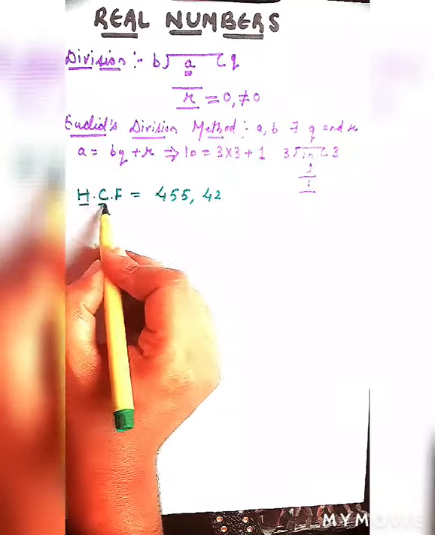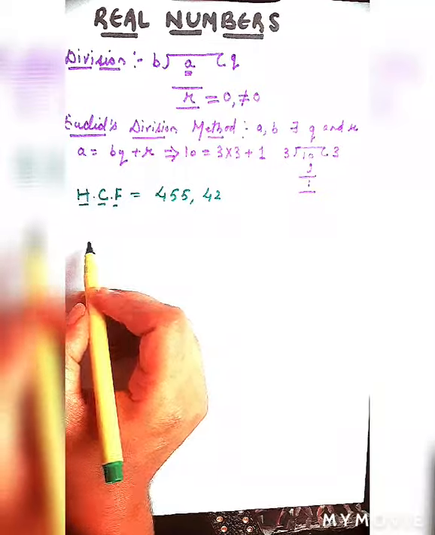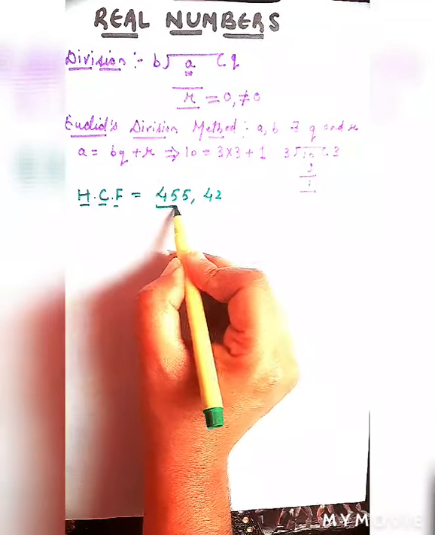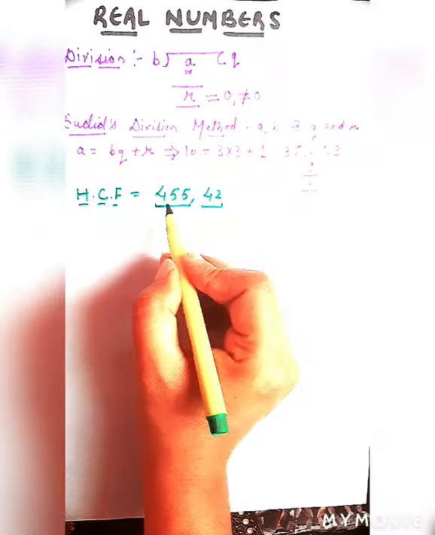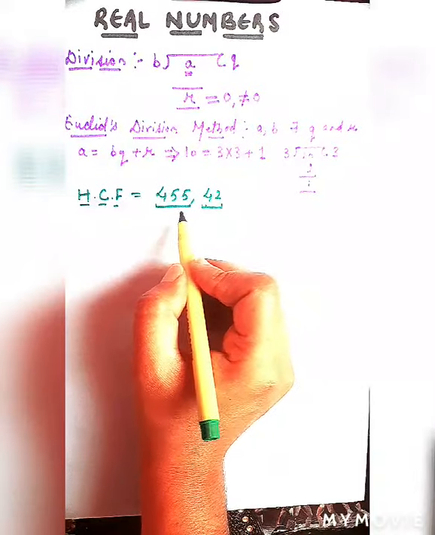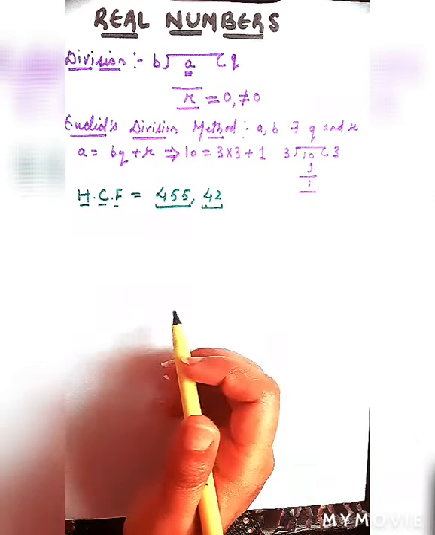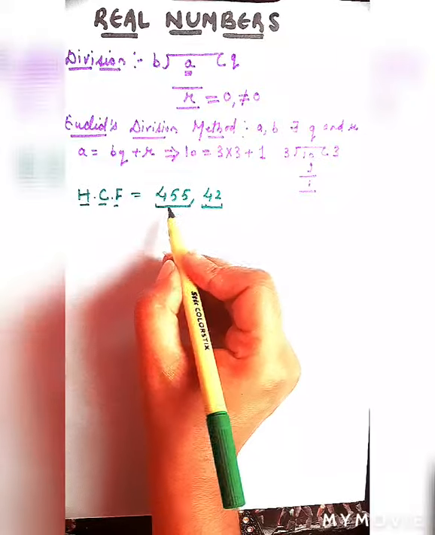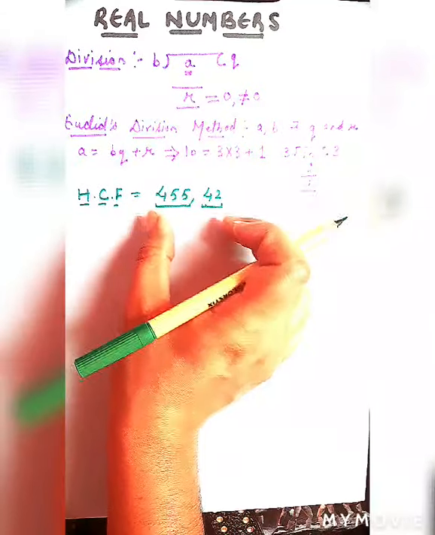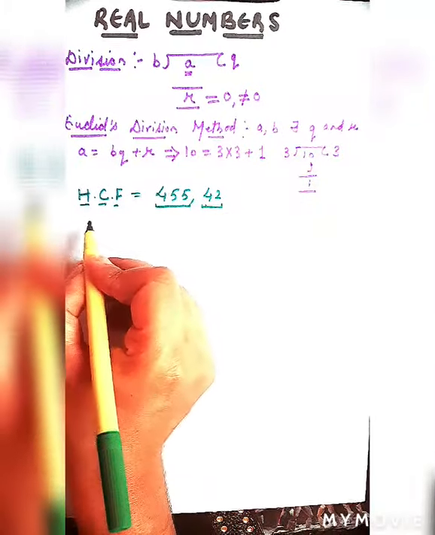As the name represents, there will be some common factors between two numbers, and the factor which is highest and common to both the numbers is the highest common factor.